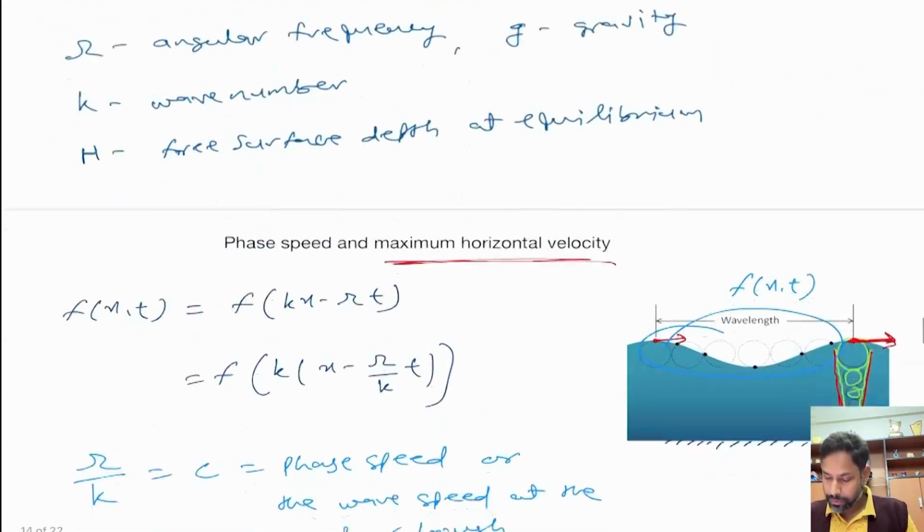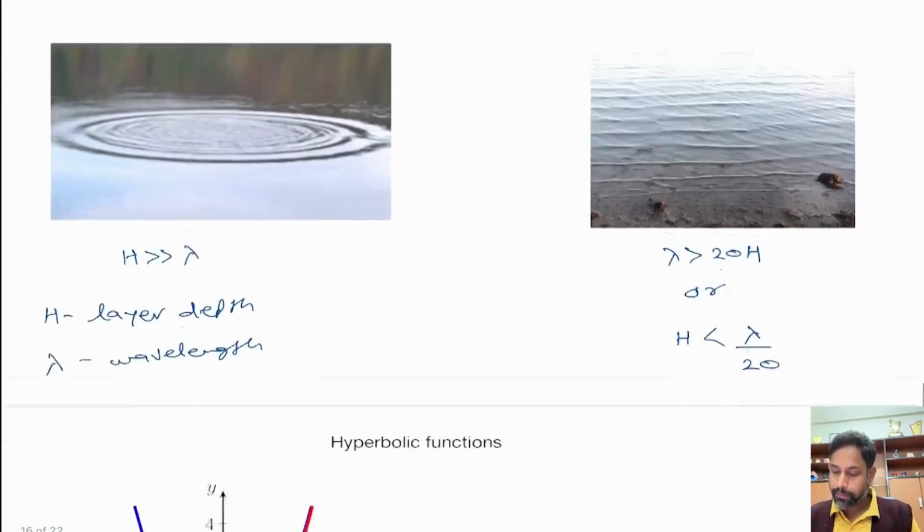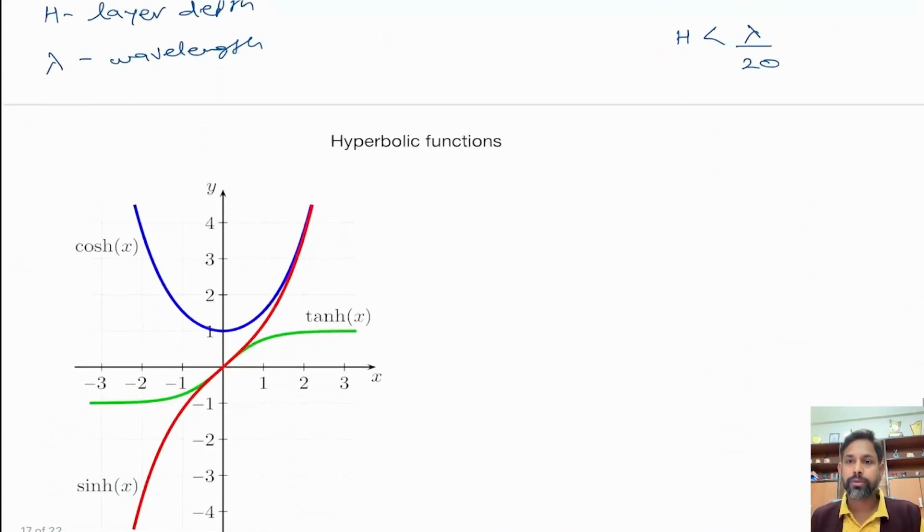So for these two different types of waves, we can actually simplify some of the forms so that we don't have to worry about finding different values of hyperbolic cosine or sine for different values of z.